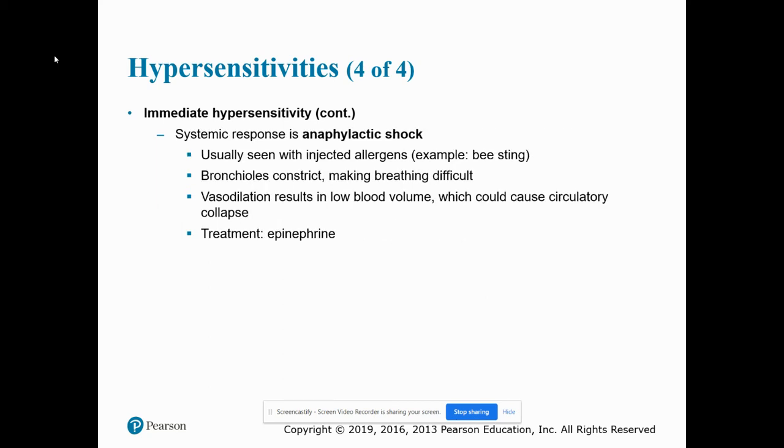And a systemic response is known as anaphylactic shock, usually seen with injected allergens such as a bee sting. Bronchioles constrict, making it difficult to breathe. And then vasodilation results in low blood volume, which could cause circulatory collapse, and treatment is epinephrine.